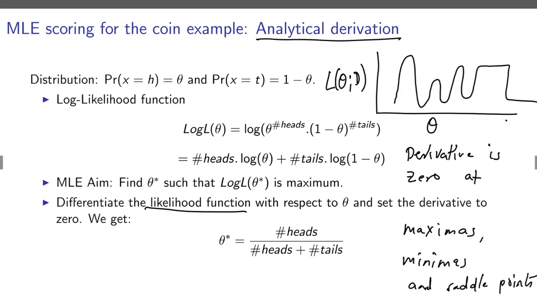The derivative will be 0 when the tangent line is parallel to the x-axis. At this point the tangent line is parallel to the x-axis, and so it's 0. So this is the so-called maxima of the function. The derivative will be 0 again over there, and that is the so-called minima of a function. And it will also be 0 at these saddle points, which are neither maximas nor minimas, or plateaus.